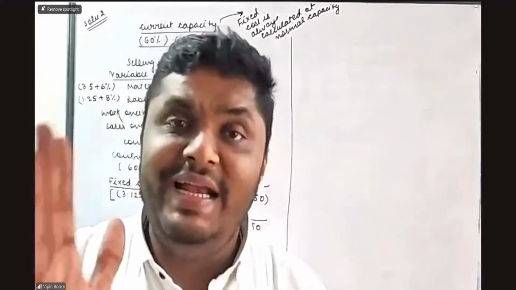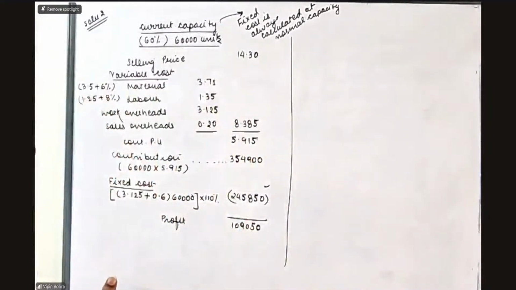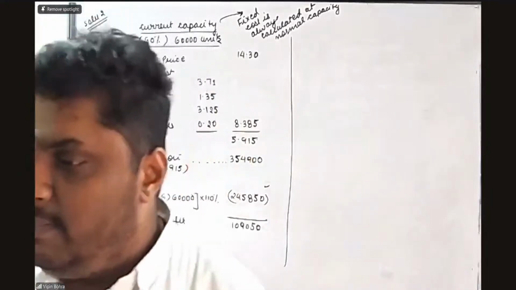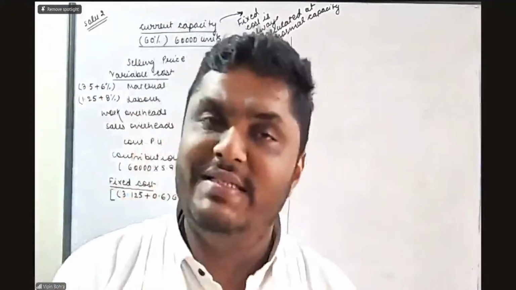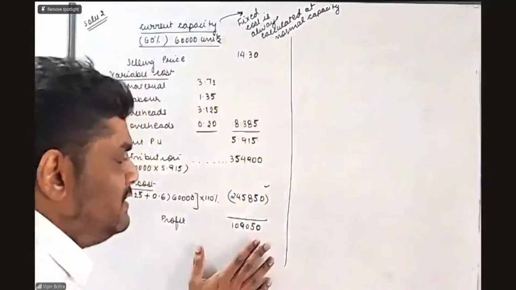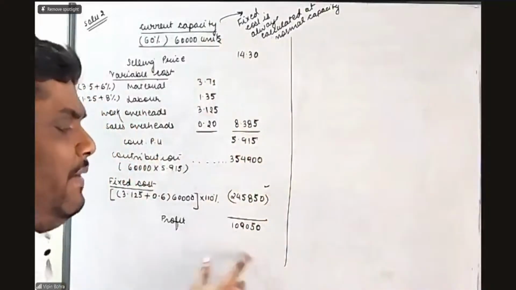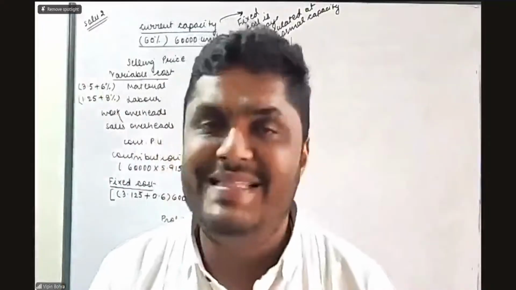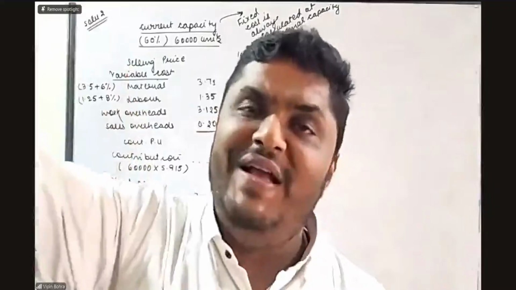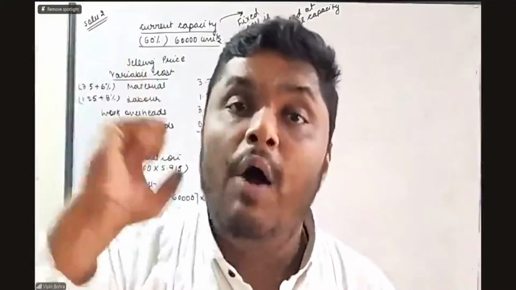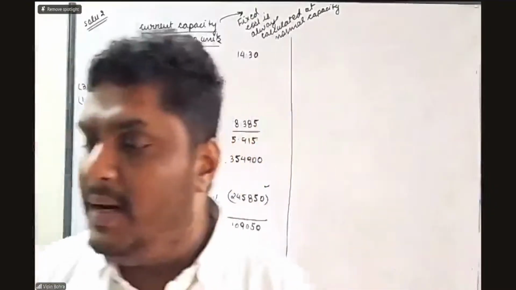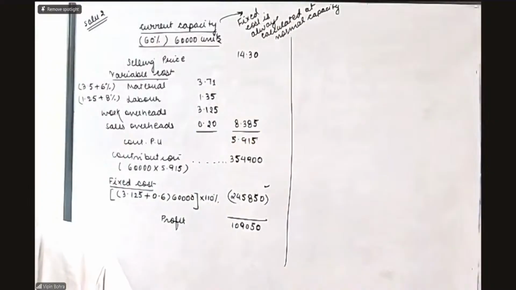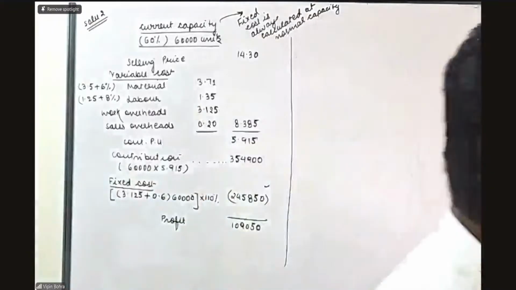Suppose I'm manufacturing 60,000 umbrellas, my total cost is recovered and I'm getting a profit of 1,09,050. Now, if I'm manufacturing additional units, how much will be the cost to manufacture an umbrella? Waiting for your answers.